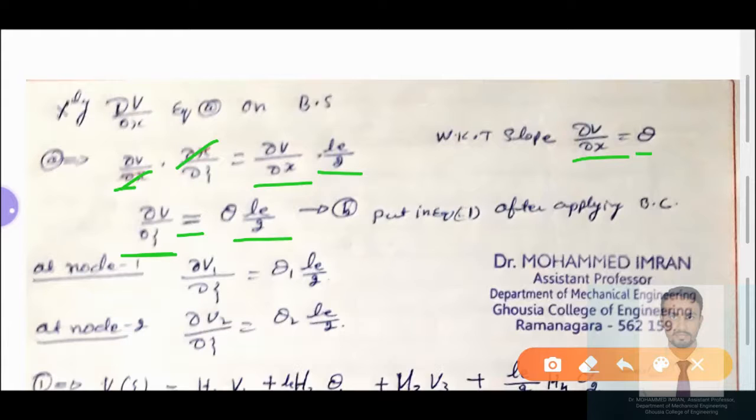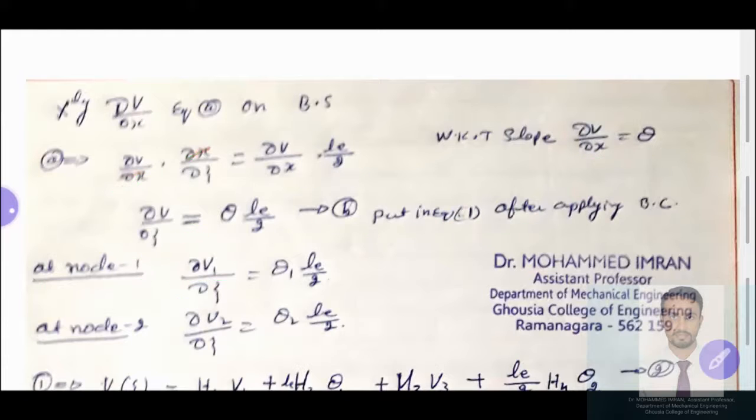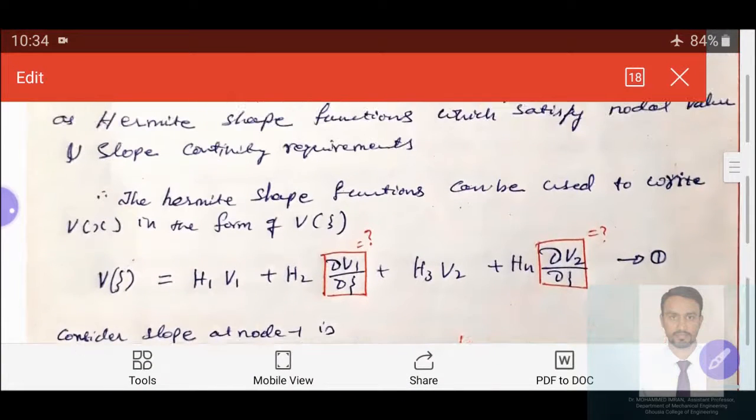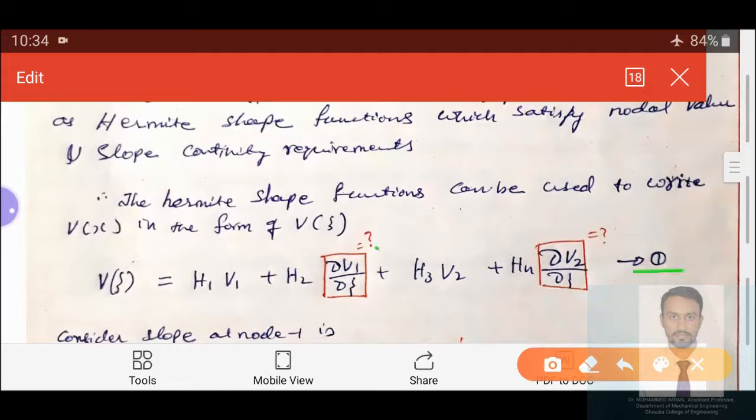I have told you Le by 2 is half of the element length, which occurs as a dimensionless quantity. Put this equation number B in equation number 1. We will get equation number 1. We have here at node number 1 dou v1 by dou zeta, which we need to find out.